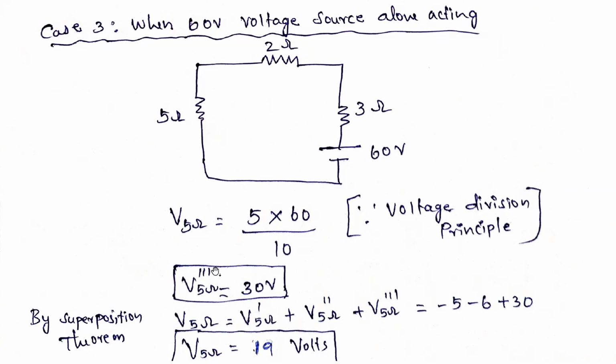V dash we got when one current source is acting, then V double dash when another current source is acting. Next, V triple dash is when the voltage source is acting. By the superposition theorem, the voltage in the 5 ohms is equal to V dash 5 ohms plus V double dash 5 ohms plus V triple dash 5 ohms. So all the answers we take here.